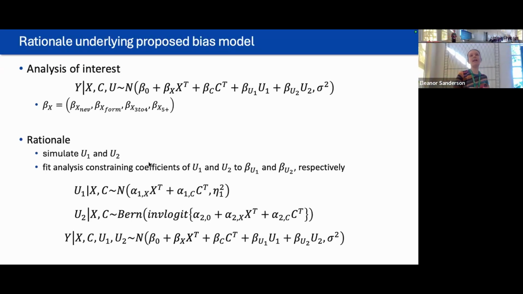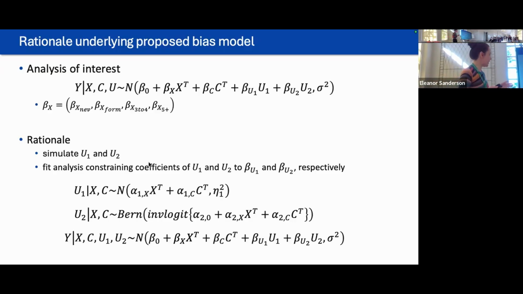So the rationale behind our bias model is that we simulate values for U1 and U2, where we simulate each unmeasured confounder from a conditional distribution given the exposure and the measured confounders. So for the continuous variable, it's using a linear regression model, and for the binary variable, it's using a logistic regression model.